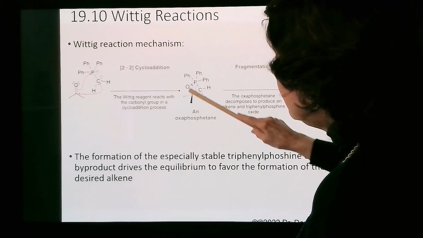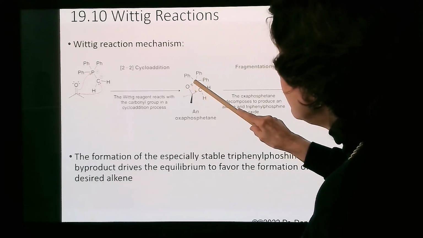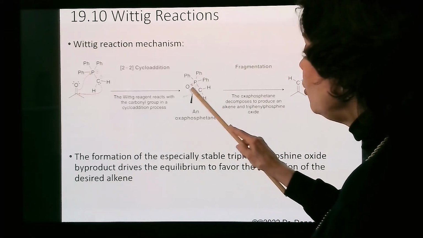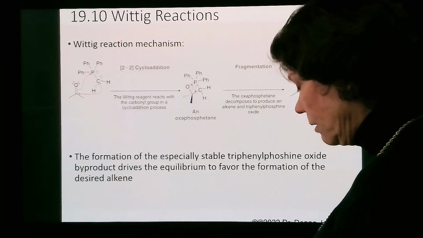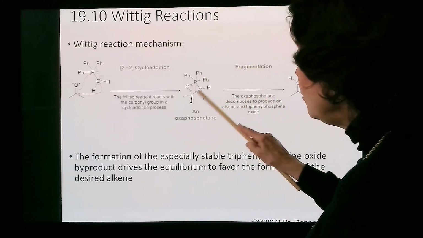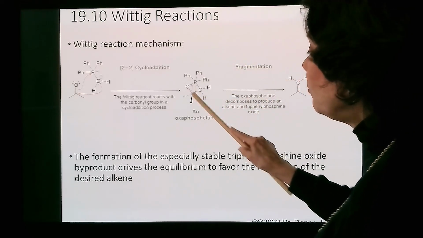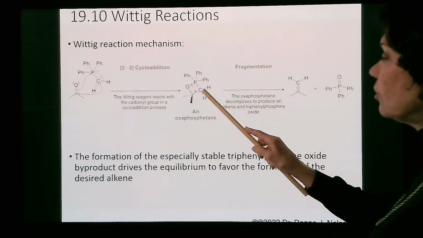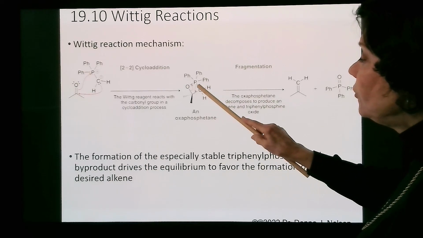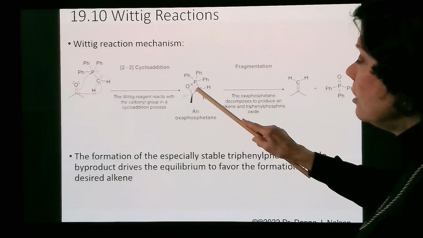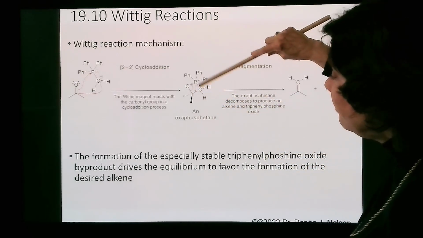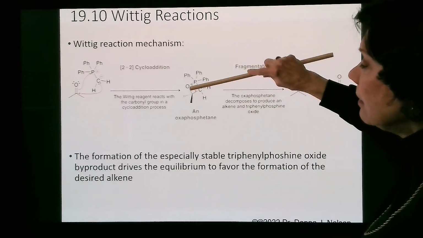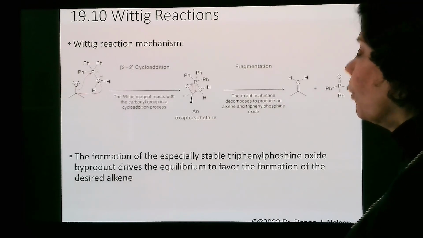once these two bonds of the four-membered ring are formed, then you have the other two bonds broken. So you have two new bonds formed, and the two previous bonds are broken. And here it's called a fragmentation, and you can see the electrons are drawn to show this phosphorus-carbon bond breaking and this carbon-oxygen bond breaking.